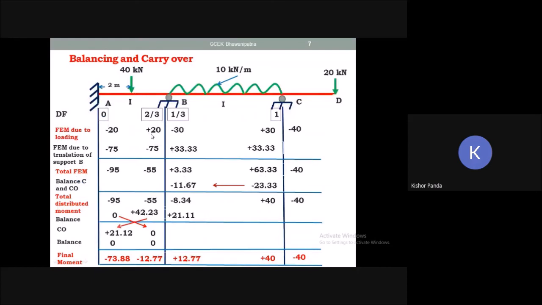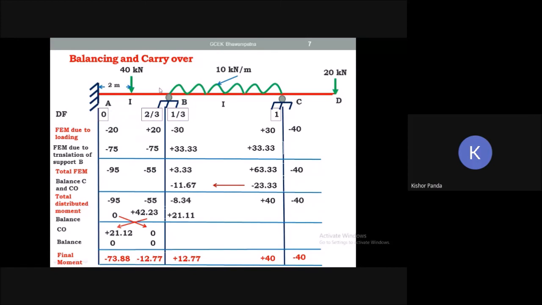So for the bending moment diagram, first you have to give the direction of the moment, because here you got minus 73.88. So what is the direction? This is anti-clockwise direction. This is the direction, anti-clockwise. And here you got minus 12.77, negative.